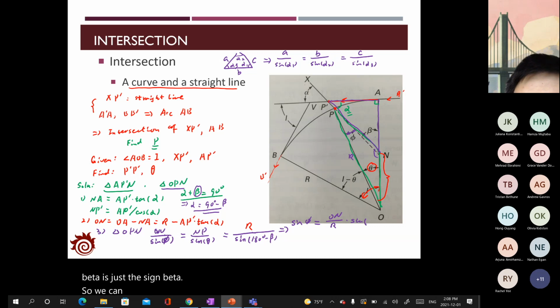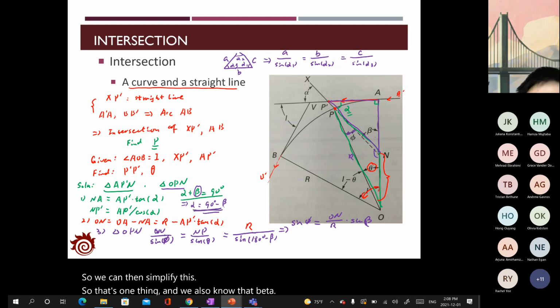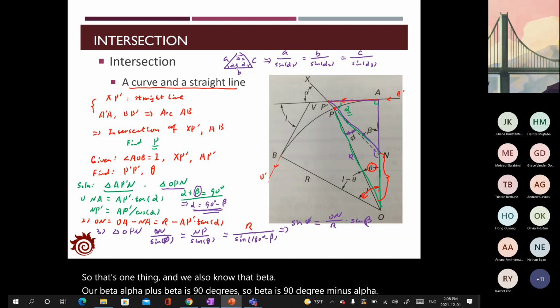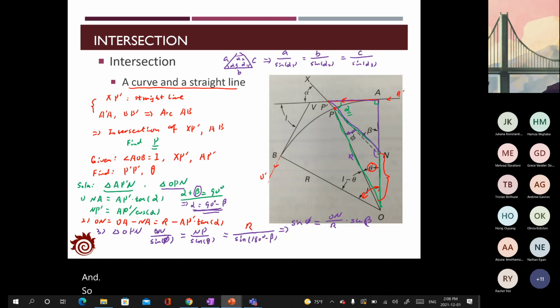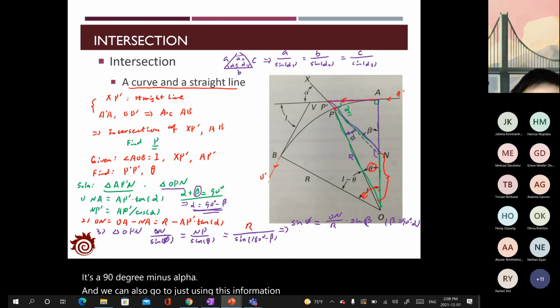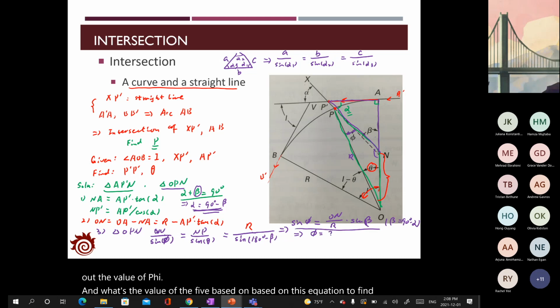So we can then simplify this formula. We also know that alpha plus beta is 90 degrees, so beta is 90 degree minus alpha. We can use this information to find the value of phi, based on this equation.